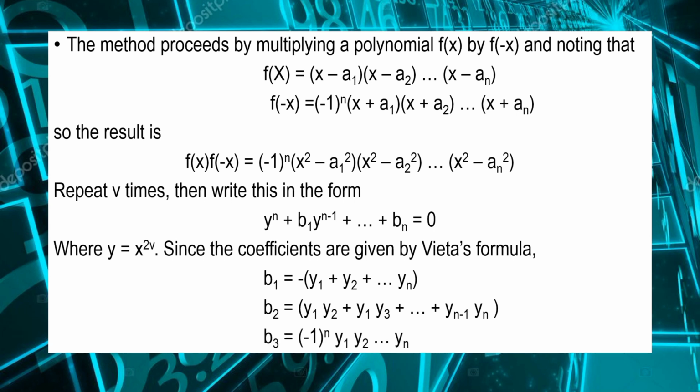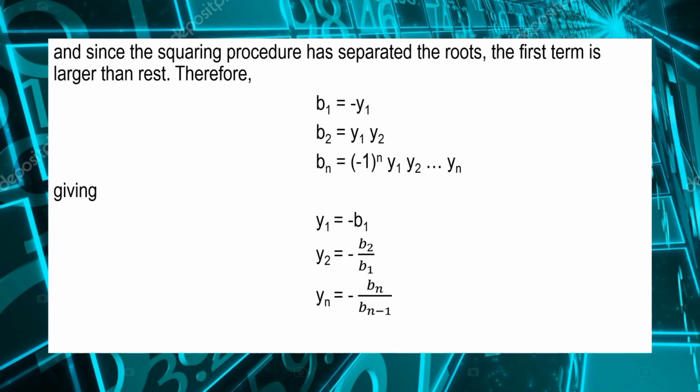Our b sub 3 is equal to negative 1 raised to n times y sub 1 y sub 2 until y sub n. And since the squaring procedure has separated the roots, the first term is larger than the rest. Therefore, we can have b sub 1 equal to negative y sub 1. Our b sub 2 is equal to y1 multiplied by y sub 2.